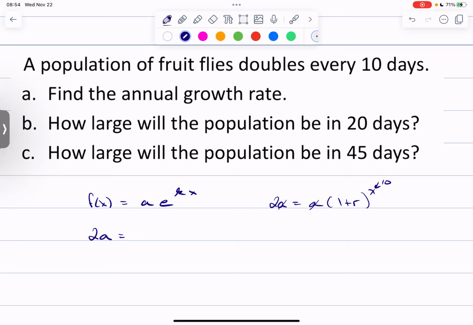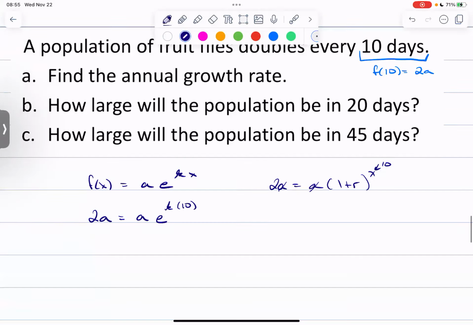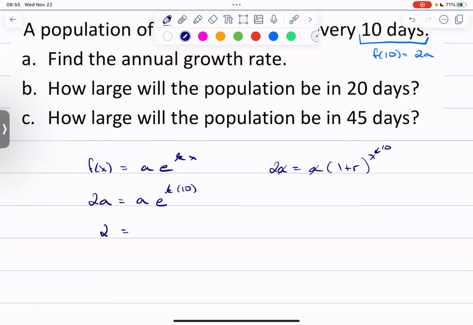Doubles, same deal as we did over on the right-hand side. 2A is A times E to the power of K times 10. This tells me that F of 10 is 2A. X is now in days. We have 2 is equal to E to the 10K.